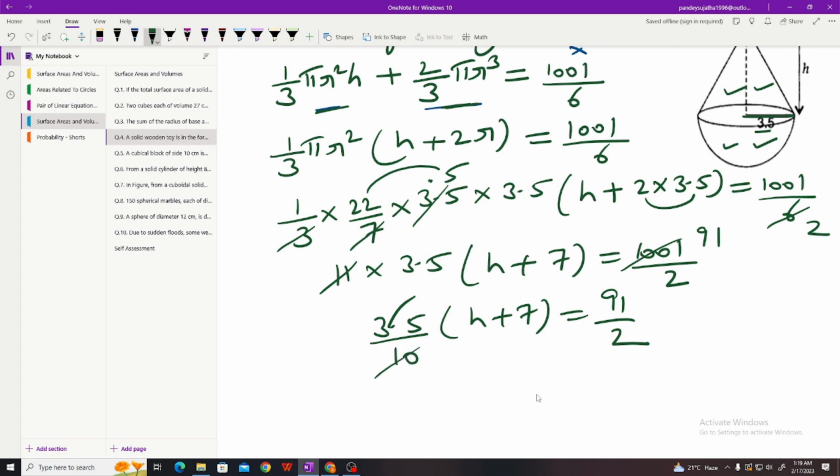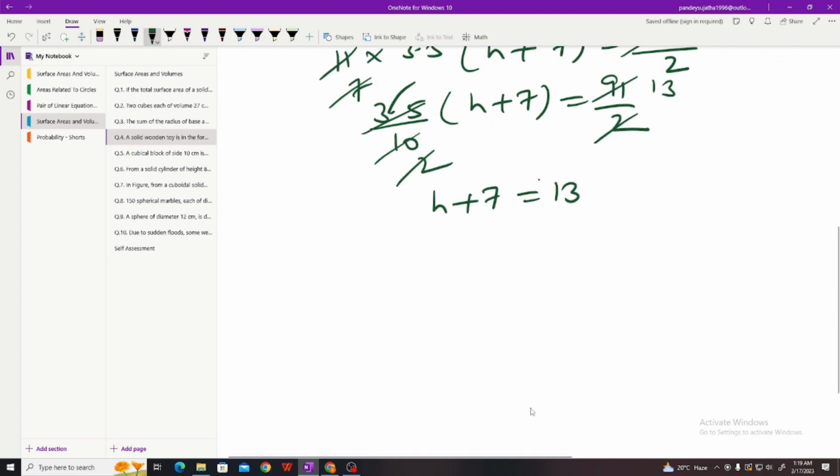So cancel it. 5 2s are and it is 5 7s are. This 2 and this 2 get cancelled, and this 7 and this 91, it is 13 left here. So h plus 7 is equal to 13. Then the value of h will be 13 minus 7, that is equal to 6 centimeter.